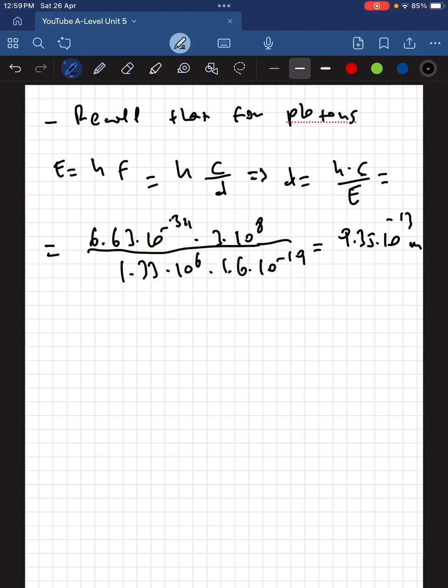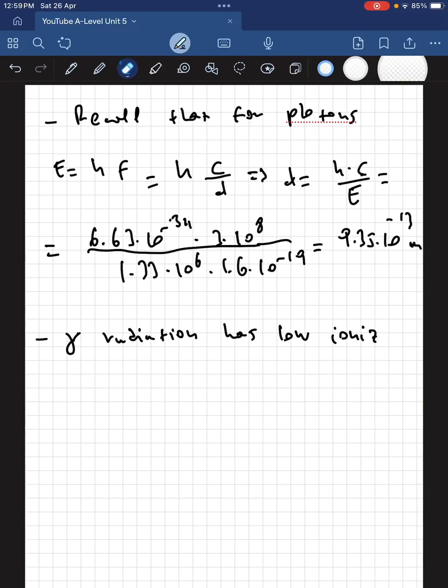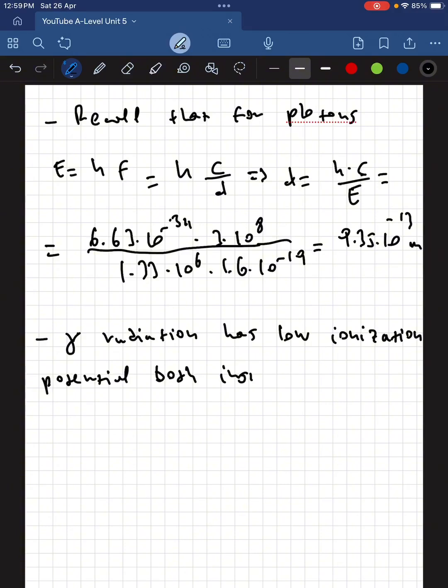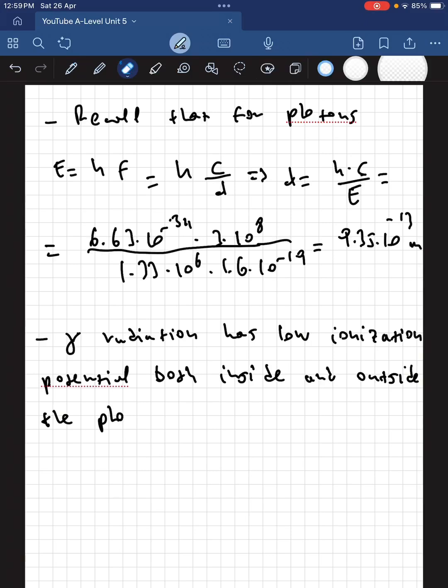Now, some of the properties of gamma radiation is that gamma radiation has low ionization potential, both inside and outside the body, because it's nothing other than light, right?